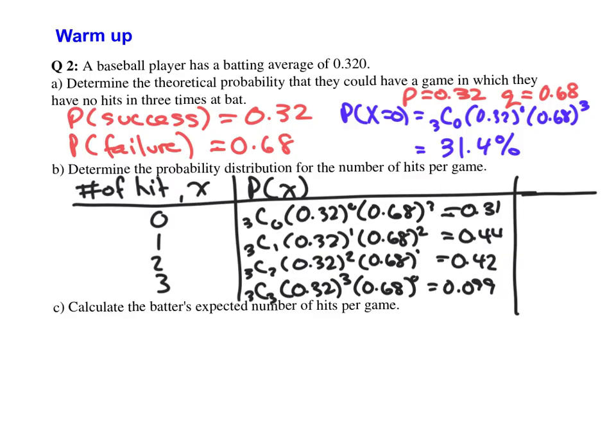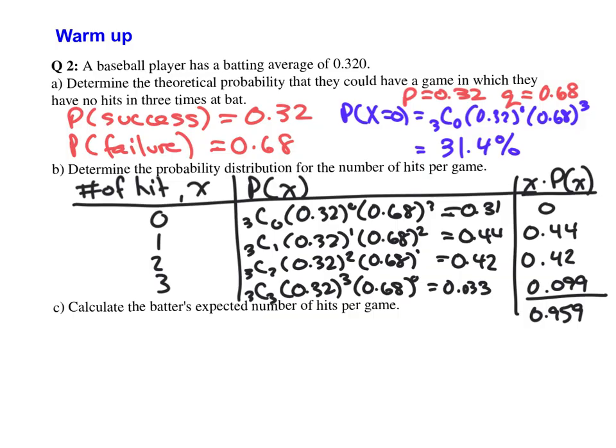We want to have the expected number, and so we're going to get our sum of X times P(X), X being the number of hits. That comes to 0.959. And we're going to use our expected value equation, E(X) equals NP.